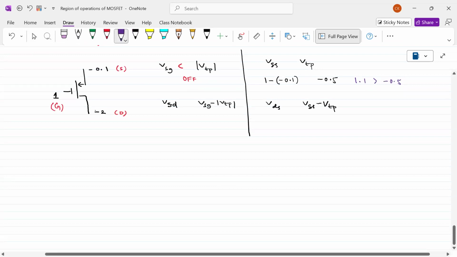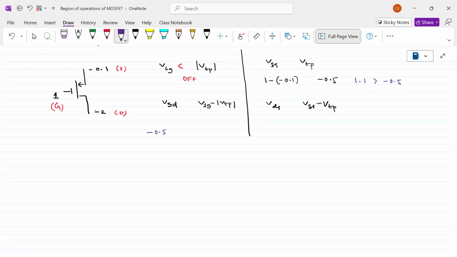Drain is at, source is at minus 0.5. Gate is at 1. This is 1.5, this is 0.5. What is this value? This is less than 1. If it is less than 1, this is off, right? Cutoff. It is cutoff for that.